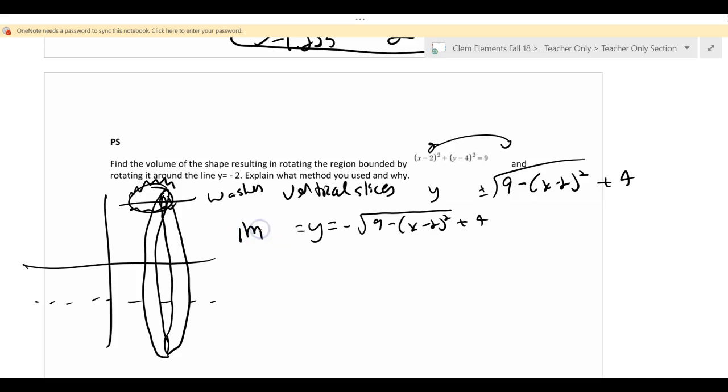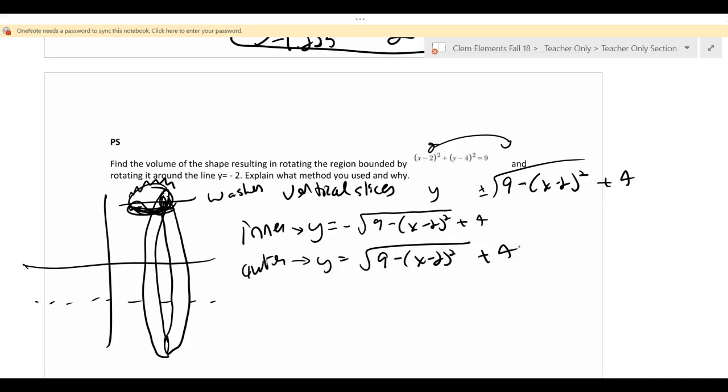That gives me this one down here. So the outer one's going to be the top one. Outer, it's going to be y equals the positive square root of 9 minus x minus 2 squared plus 4. Okay, for washer, I've got the inner, I've got the outer.